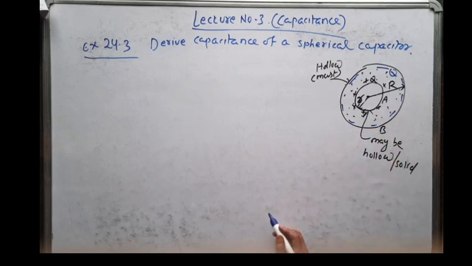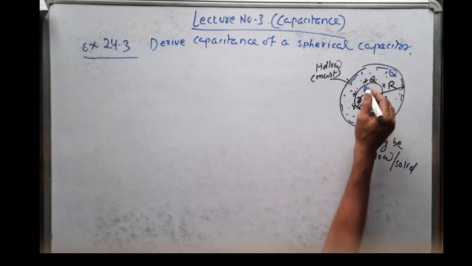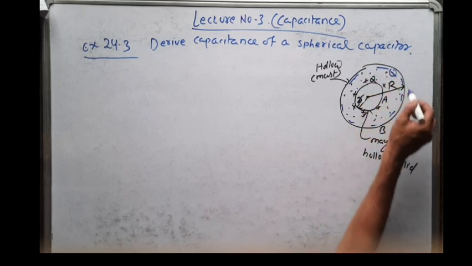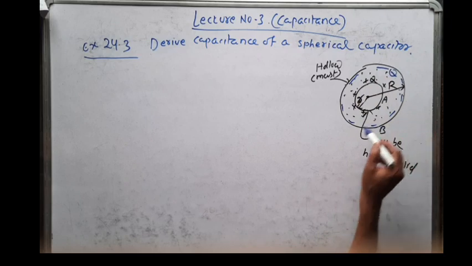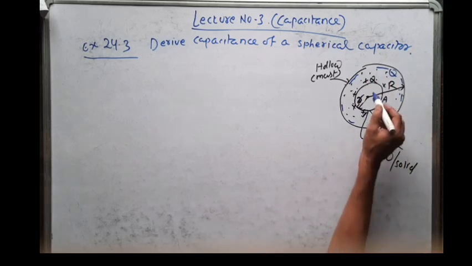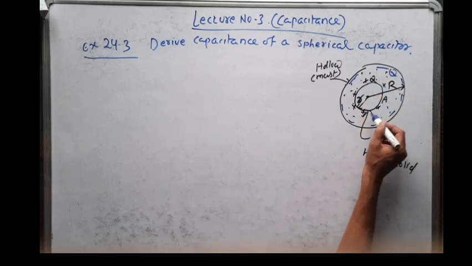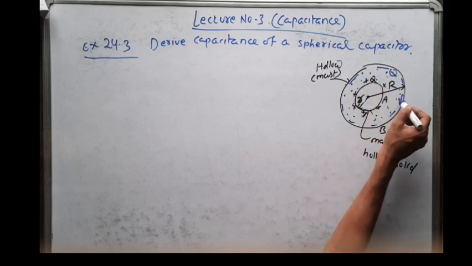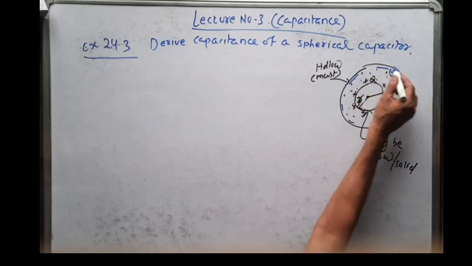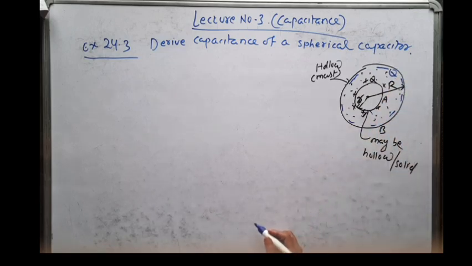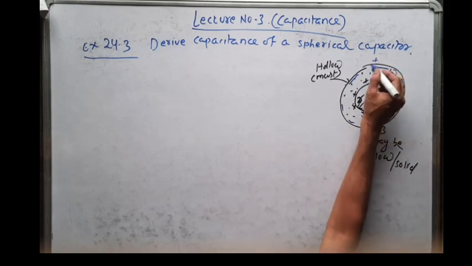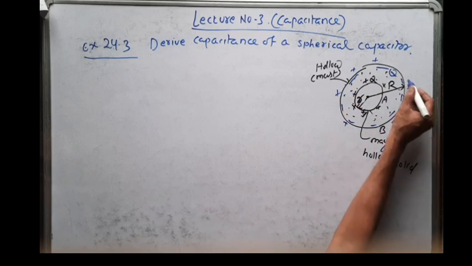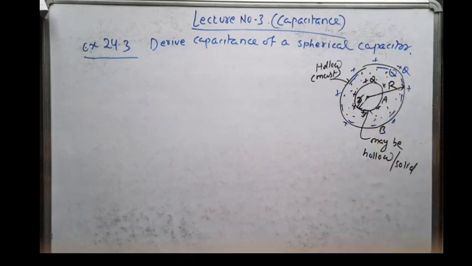So that thing we have already discussed. And since we are giving the charge to body A, not to body B, body B is electrically neutral. So due to induction of the charge of A on B, a minus Q charge is developed. But the B sphere is electrically neutral, so definitely on the outer surface it will be plus Q charge.